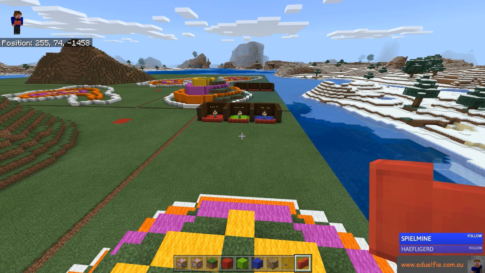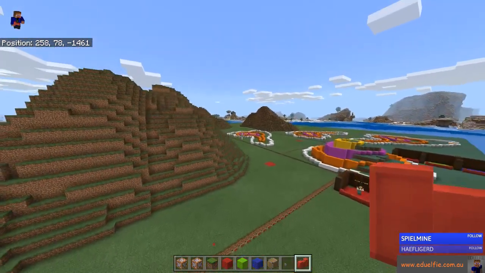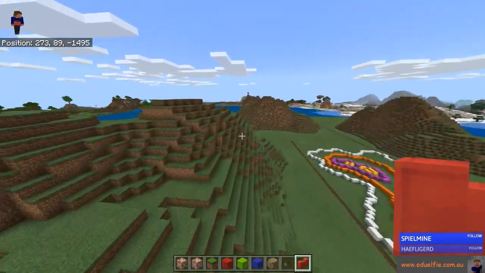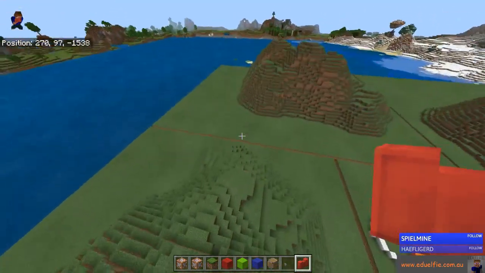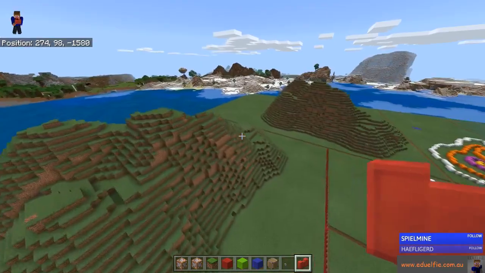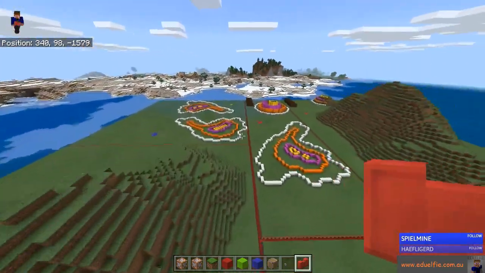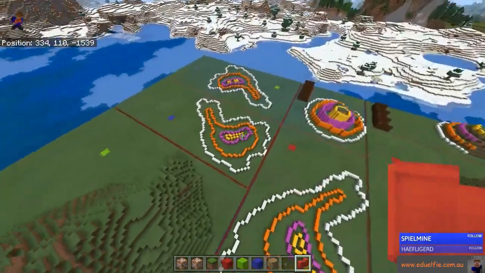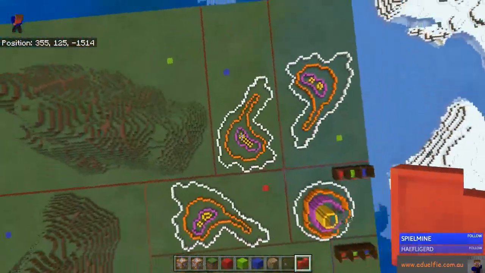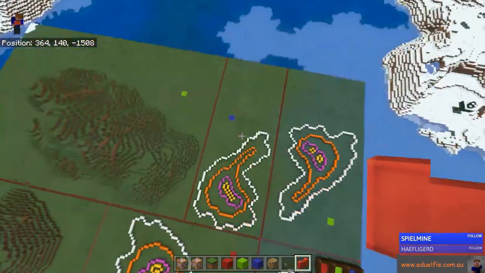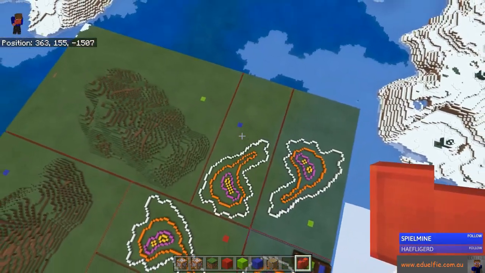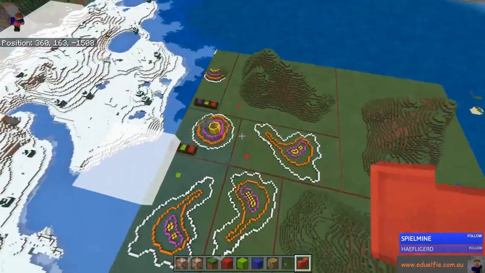So I'm 90% sure this world is now prepped and ready to go, ready to be used. We've got visual cues as to who's done what, and students can fly all the way up and take pictures and all that sort of stuff.